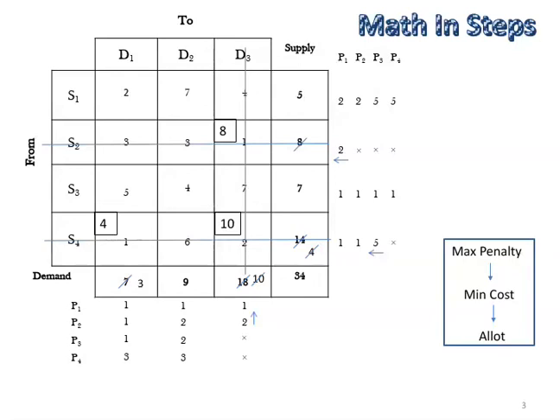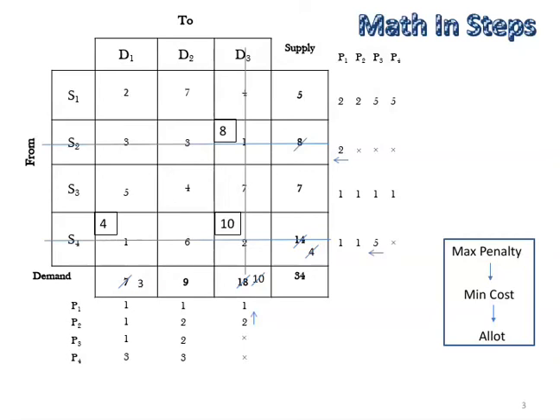Now in the fourth stage penalty, you can see the maximum penalty is 5, which corresponds to the first row of S1 source. In this the minimum cost is 2, so we will make our allotment here. For this cell S1D1 with cost 2, our supply is 5 and the demand is 3.